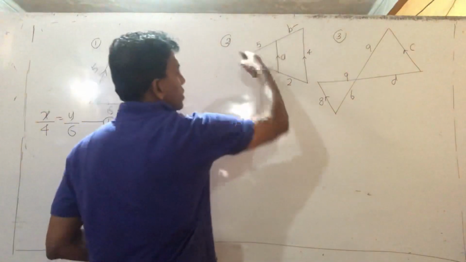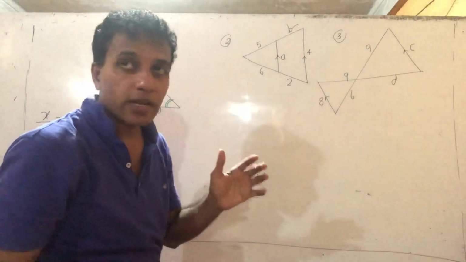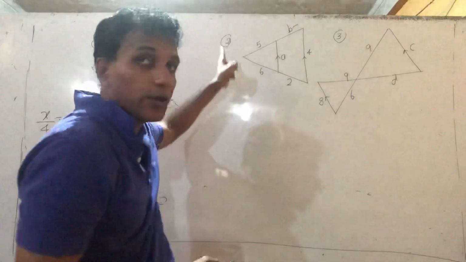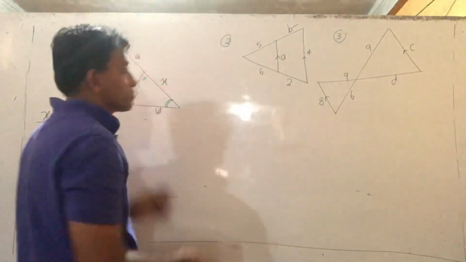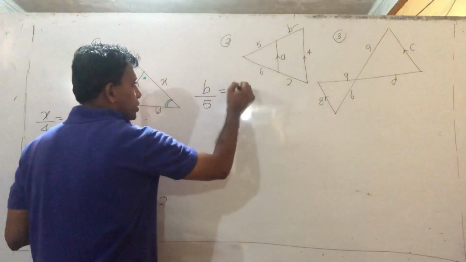In this triangle, a line drawn parallel to a side divides the other two sides proportionally. So B is to 5 as 2 is to 6.